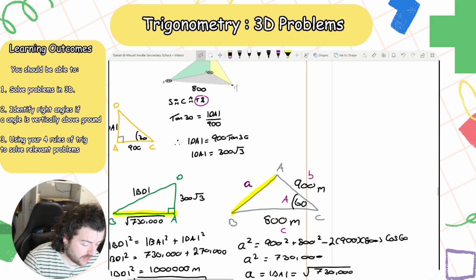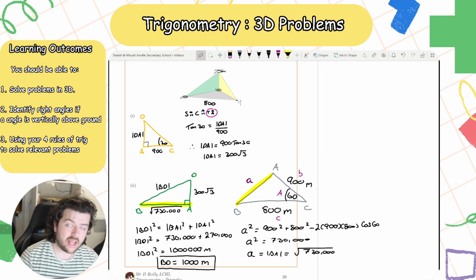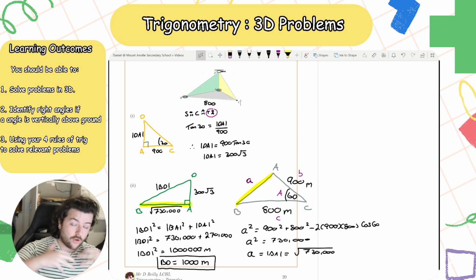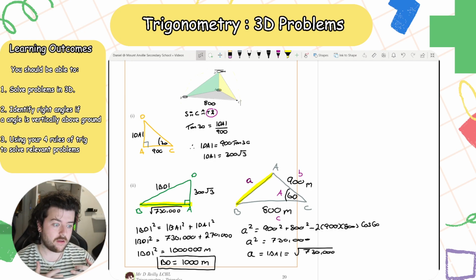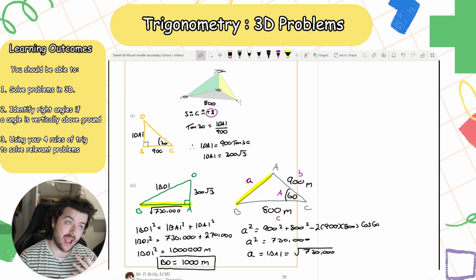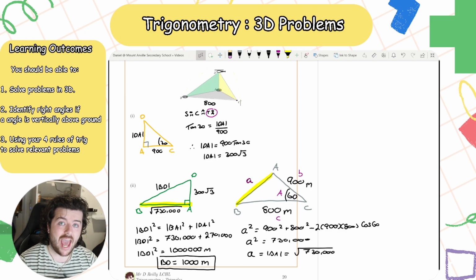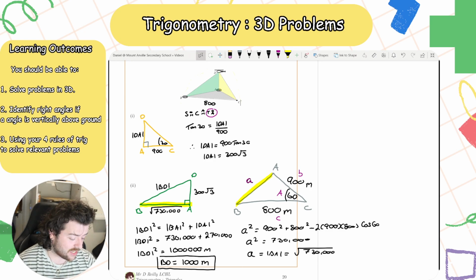So, really like this question. It allows us to use our sine rule, our cosine rule, etc. So it's always very important. We're always looking at things that are vertically above, because that means we can use right angle triangles. Always try to decipher right angle triangles, and always remember sometimes triangles are flat on the ground, and try to utilize them as well in your answer.